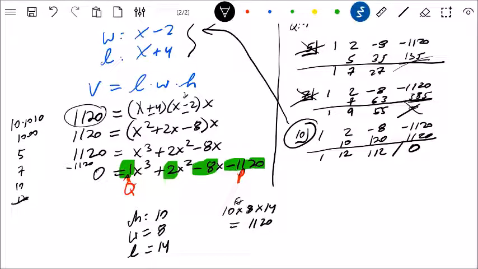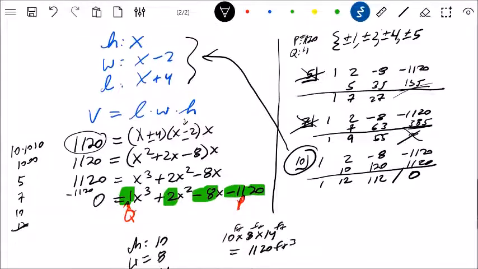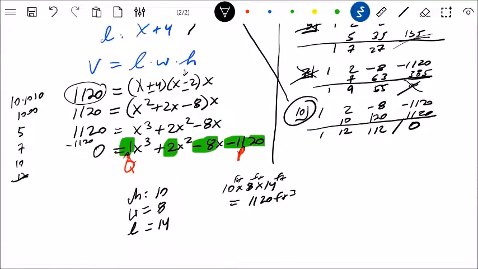So since that's 10 feet by 8 feet by 14 feet, this is feet cubed. And those are our dimensions. And I believe the question asks us for the dimensions. So the dimensions are 10 feet by 8 feet by 14 feet.